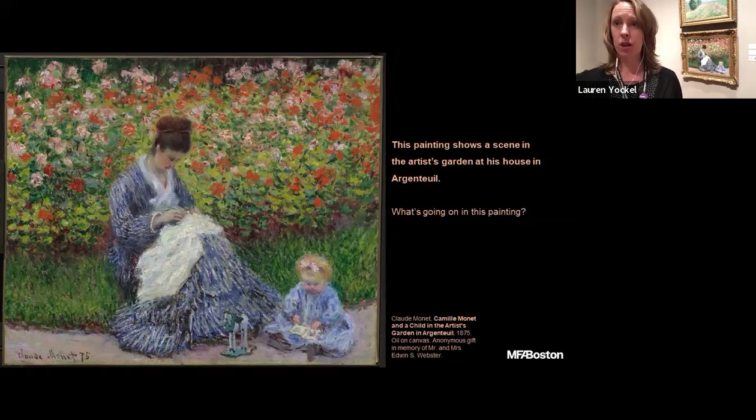Somebody else is agreeing. It looks perhaps like a mother and a daughter. We're also noticing that the little girl is reading and playing in the garden. And then the woman sitting next to her looks like she might be doing some sewing. A lot of people agreeing that the lady is sewing. Somebody else is noticing a toy horse sitting on the ground.